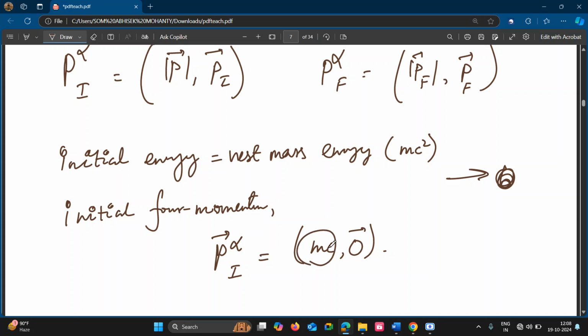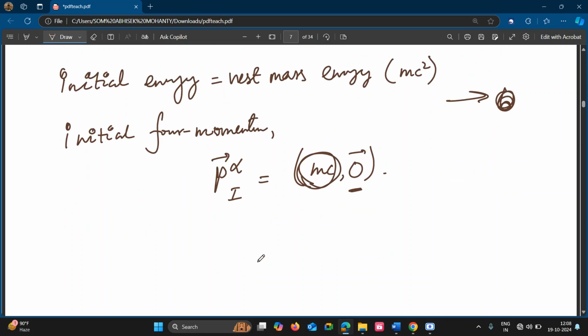This is for the massive particle. Because it was at rest, its initial momentum will of course be zero.